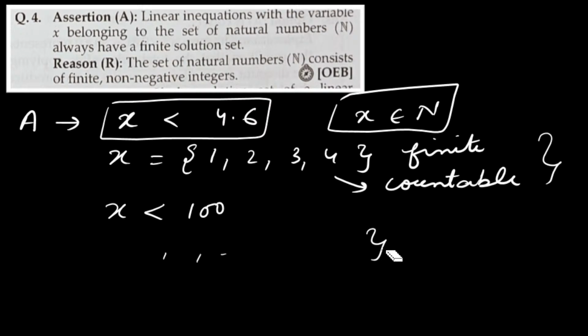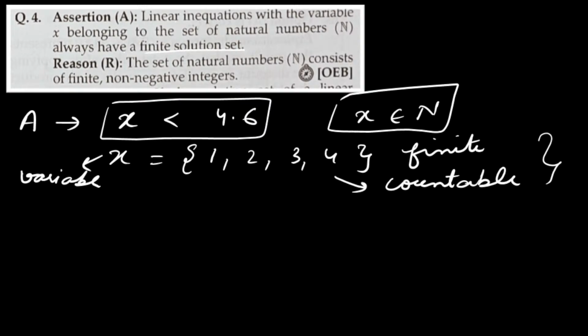If x is less than 1000 also. So always, when I am considering the set of natural numbers, the variable, they have mentioned, linear inequations with the variable x belonging to the set of natural numbers always have a finite solution set.